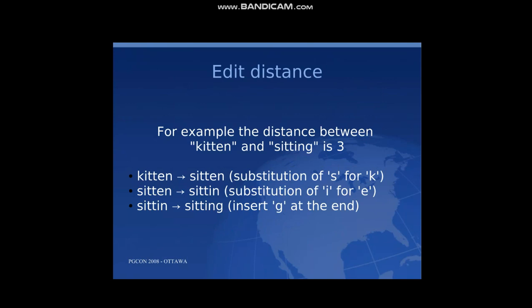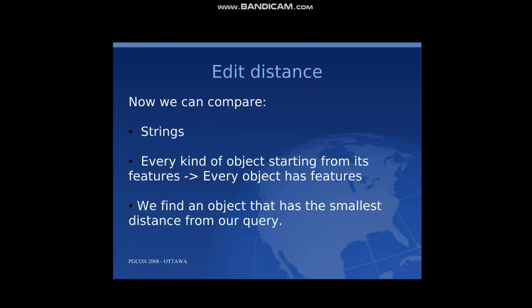For example, the distance between kitten and sitting is 3. Kitten to sitten, substitution of S for K. Sitten to sittin, substitution of I for E. Sittin to sitting, insert G at the end.